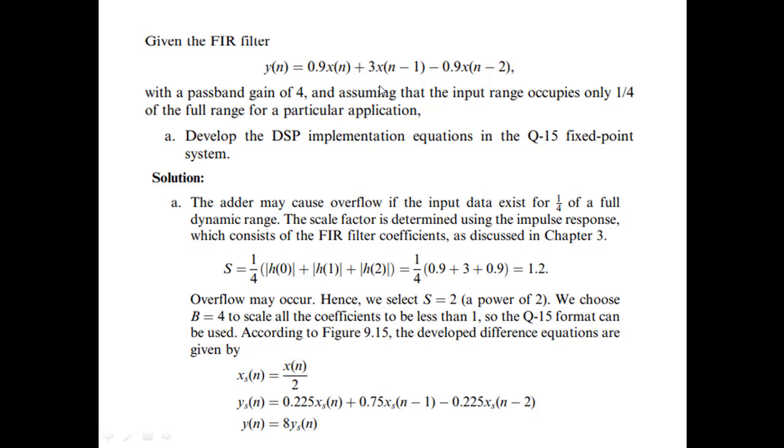If I scale it by a factor of 2, 3 by 2 is 1.5, which is still beyond 1 and overflows. So we choose B equal to 4, the next power of 2. 3 by 4 will be in range. That's why we choose B equal to 4.